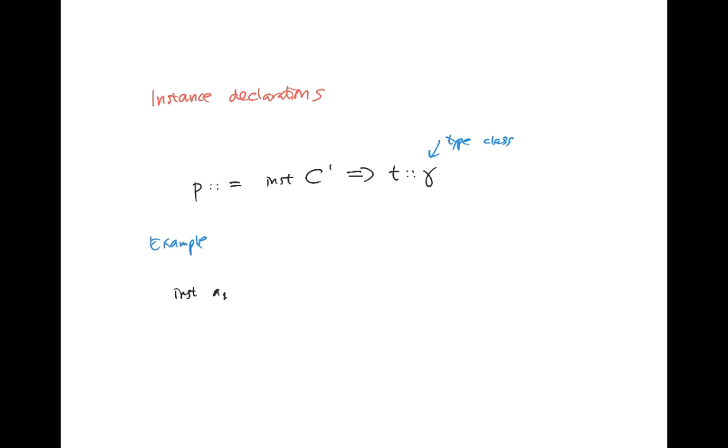Suppose A1 is in the type class num and A2 is in the type class num. Then the type frac A1 A2 is a type in the type class numVect. So those are instance declarations.